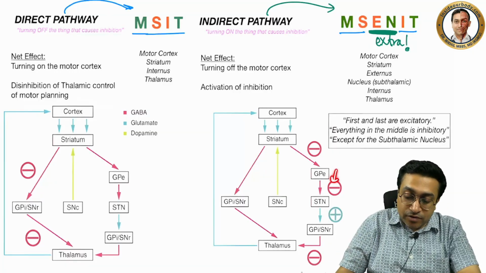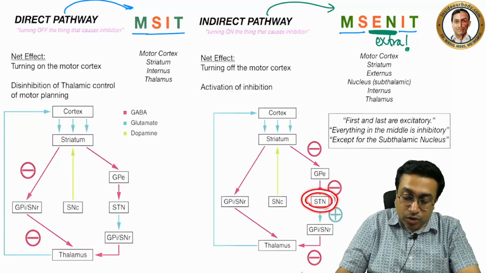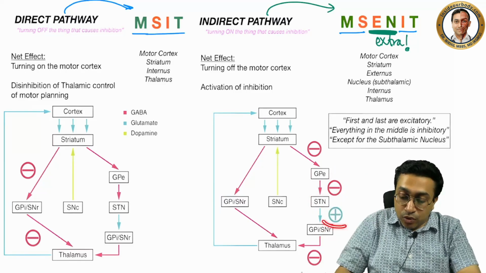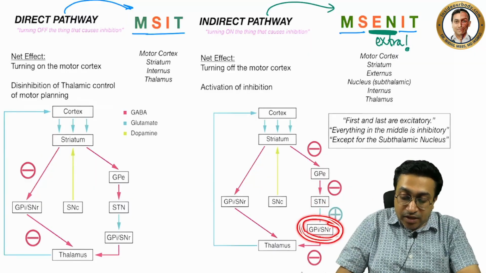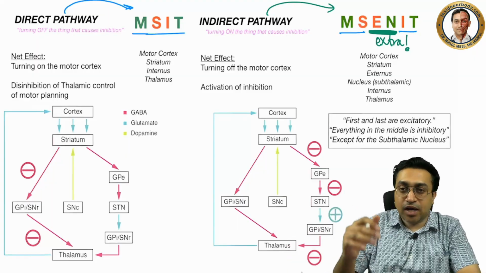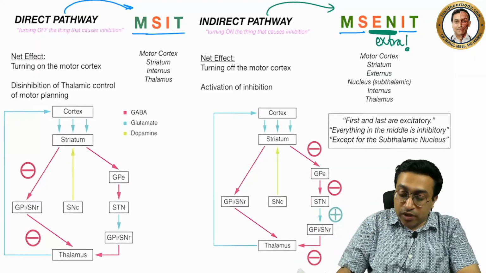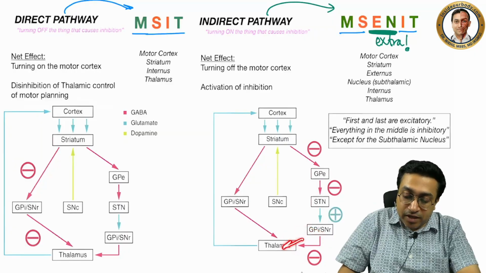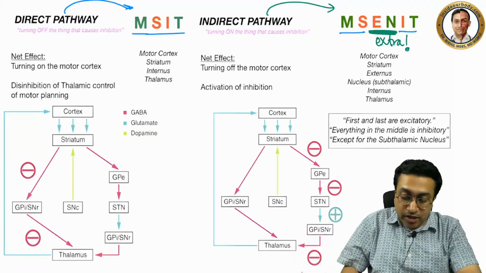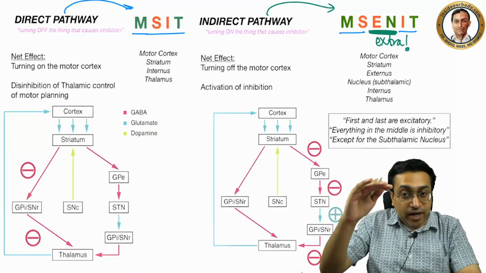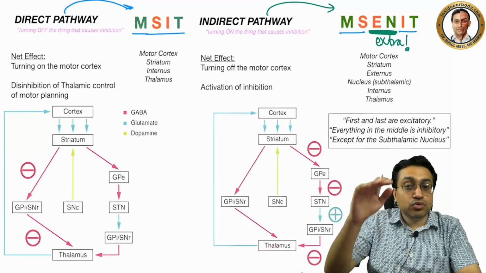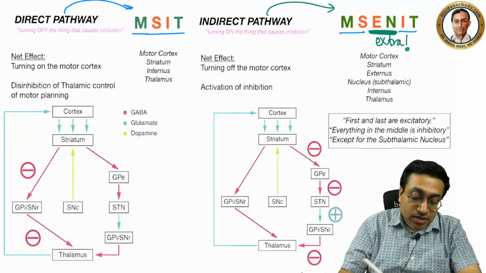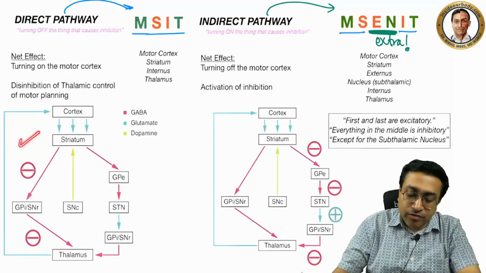So the subthalamic nucleus functions more, and glutamate is more, which is excitatory. GP internus action, to secrete GABA, is increased. So here GABA will be more, where earlier it was less, and the thalamus is having an inhibition. That means the thalamus is telling the cortex to stop the motor activity. So this is direct pathway versus indirect pathway.